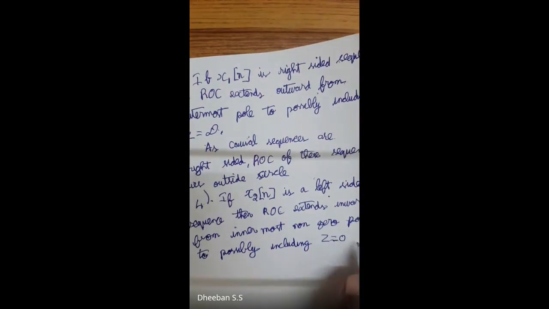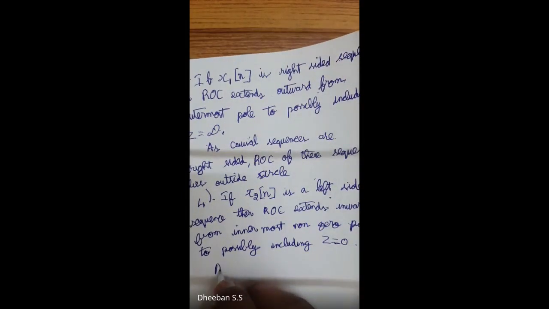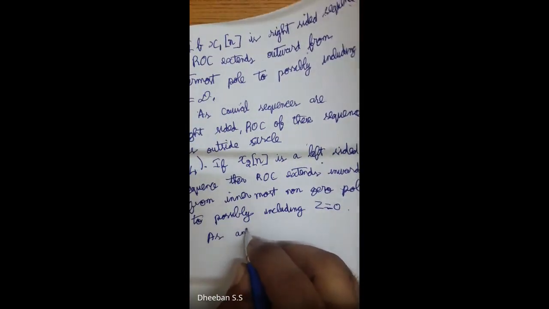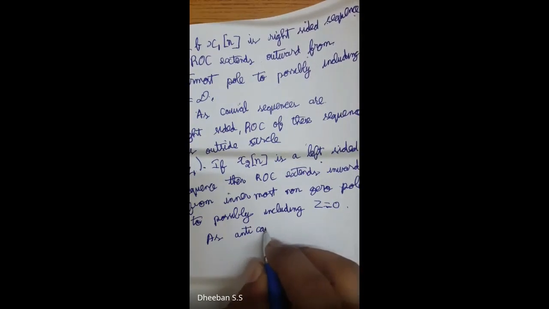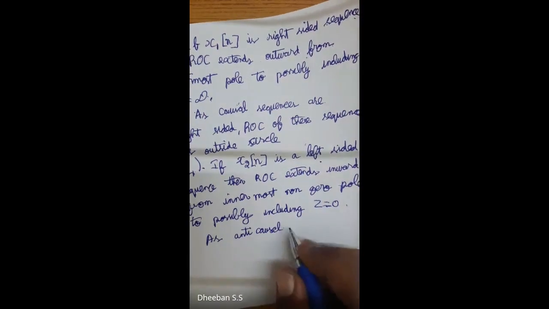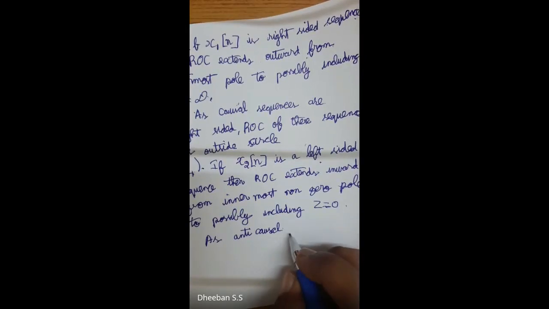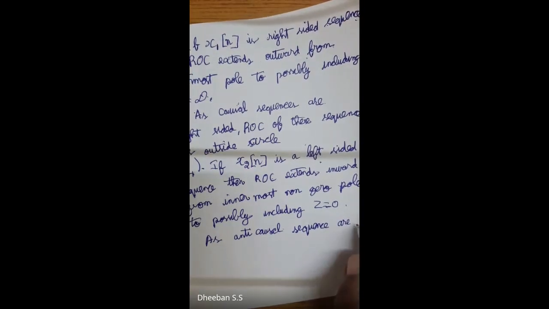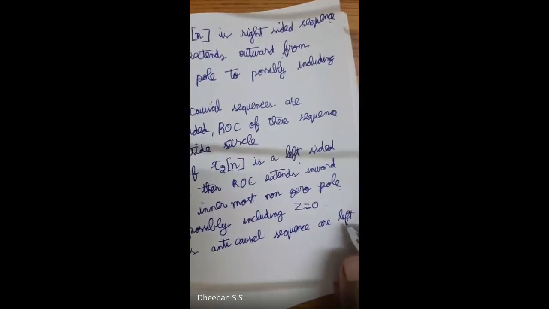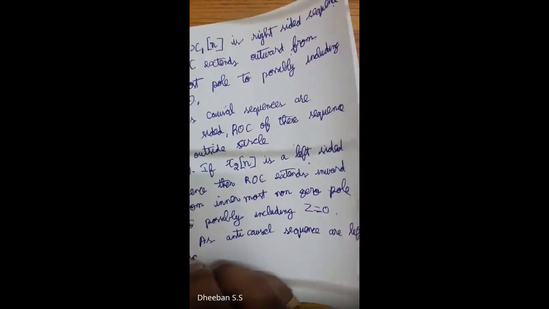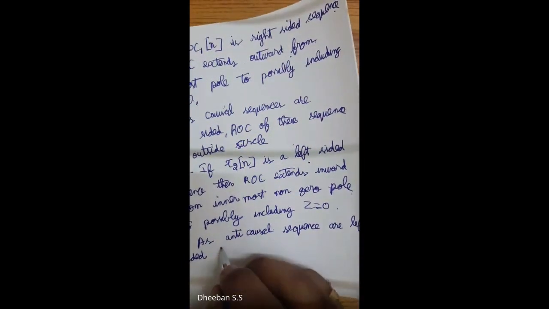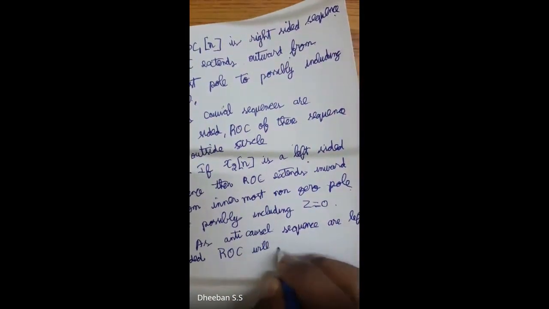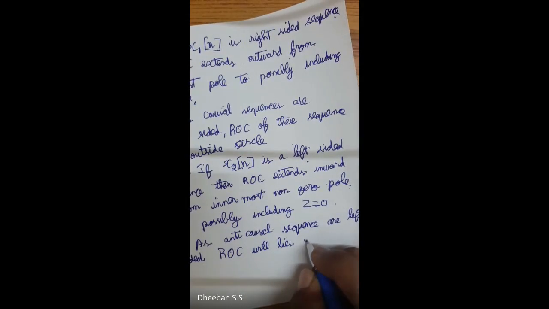Okay. So as anti-causal sequences are left-sided, the ROC will lie inside the circle.